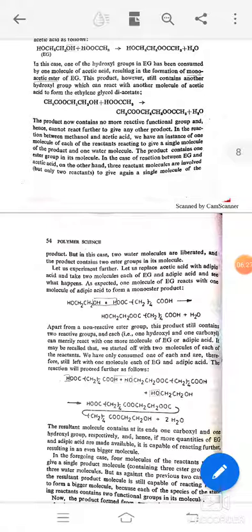It may be recalled that we started off with two molecules of each of the reactants. We have only consumed one of each, and therefore are still left with one molecule each of ethylene glycol and adipic acid. This is the reaction.